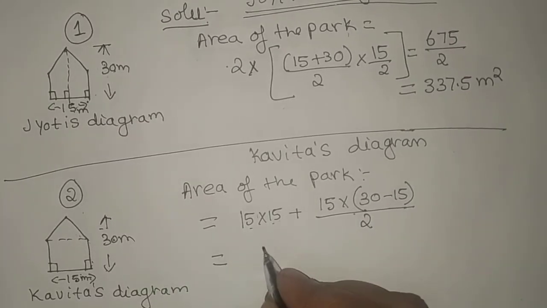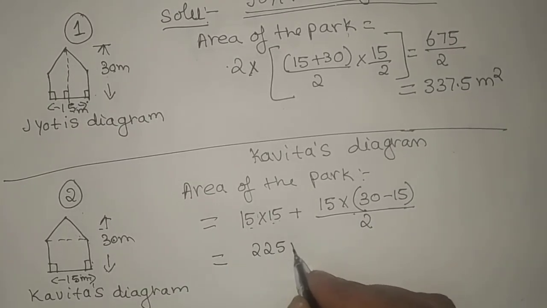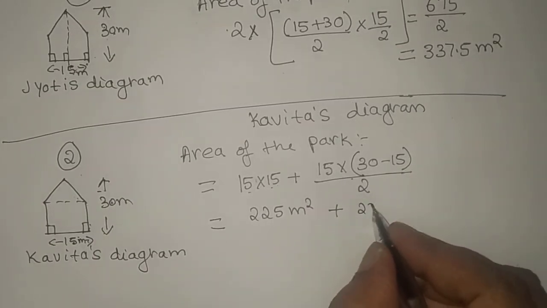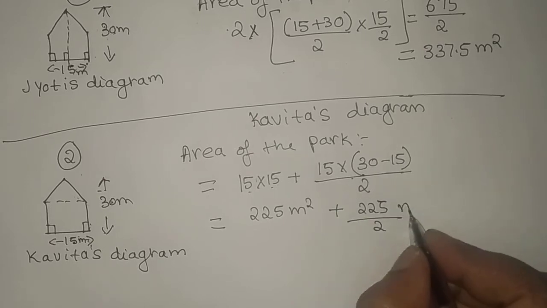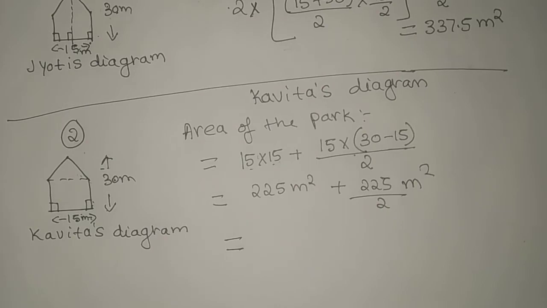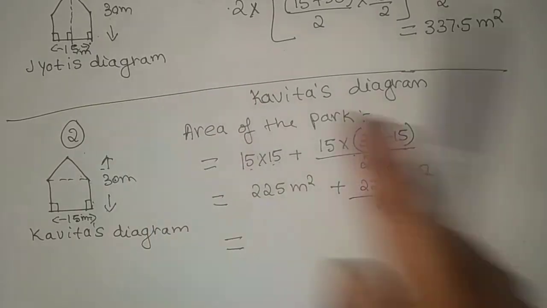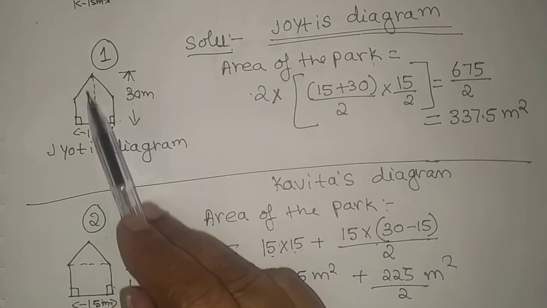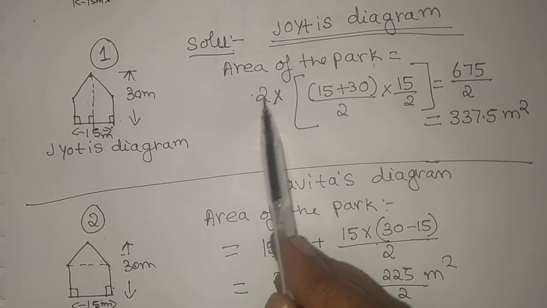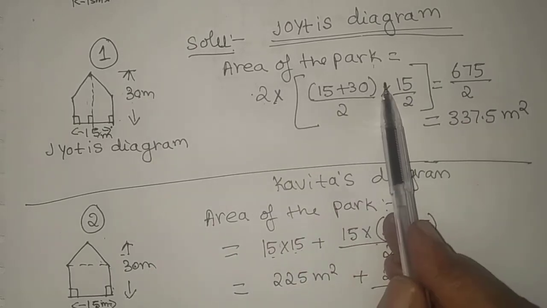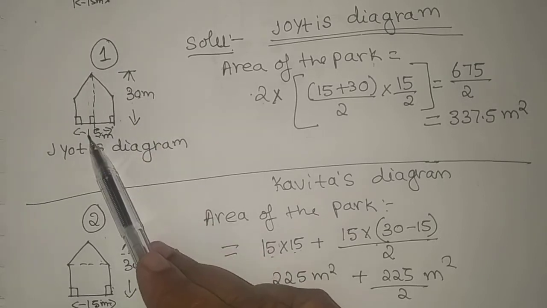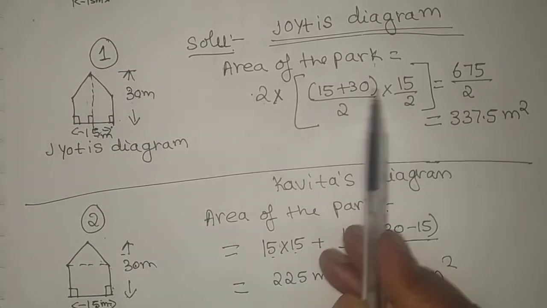So this will become how much? 225 m square plus 225 by 2 m square. So in this diagram there are two trapeziums, so therefore we multiply it by 2, then apply 15 plus 30 divided by 2, then 15 into 2.